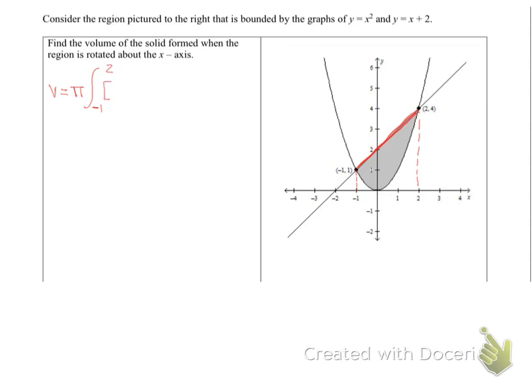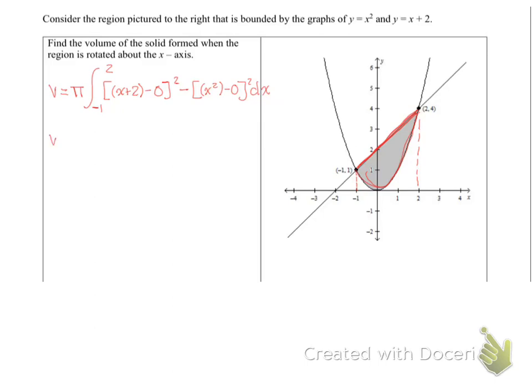So it's x plus 2 minus the axis, which is 0, all of that squared, minus the inner function, which is this one here, so minus x squared minus 0, all of that squared.